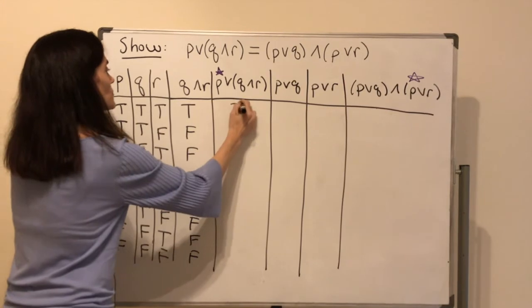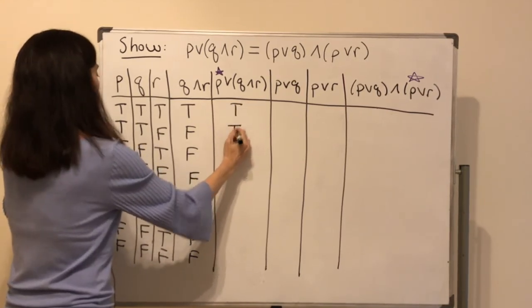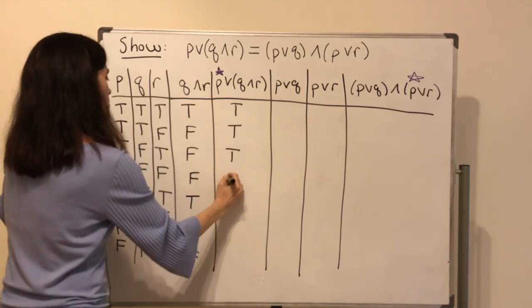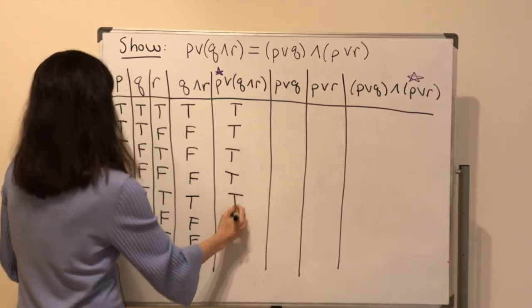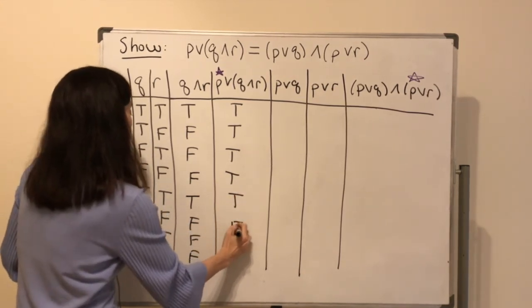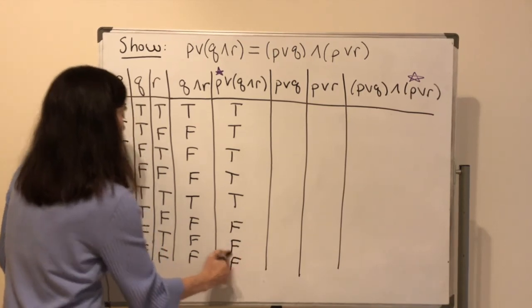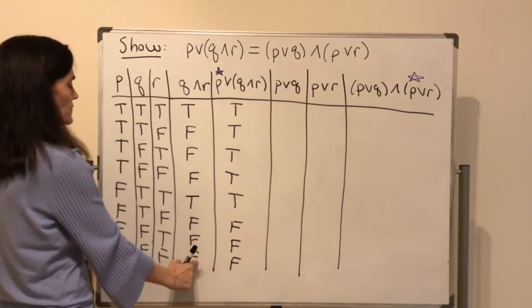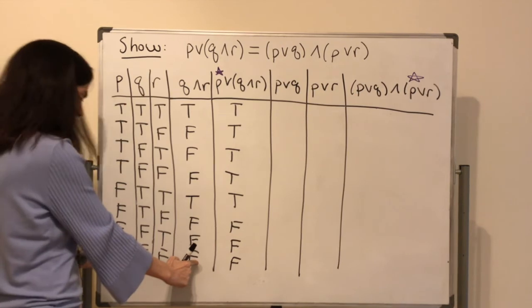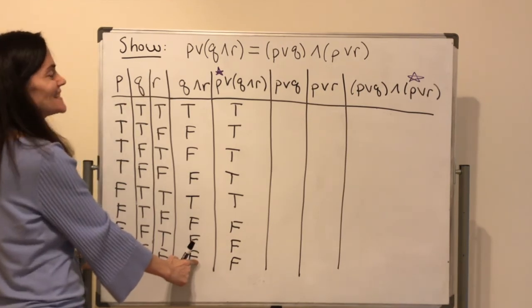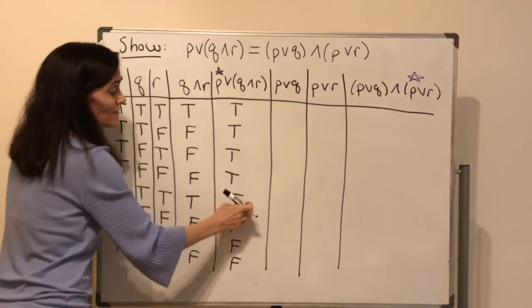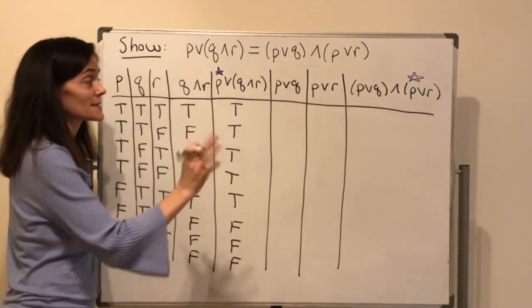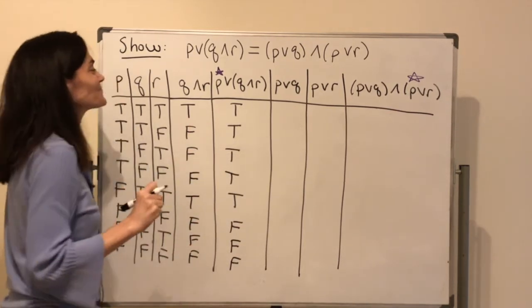Okay, so true, true, true, true, true, and then we have 3 falses. You see? False, false, false. The OR is false. Okay, great. So here, we should see 5 trues followed by 3 falses in the very last column.